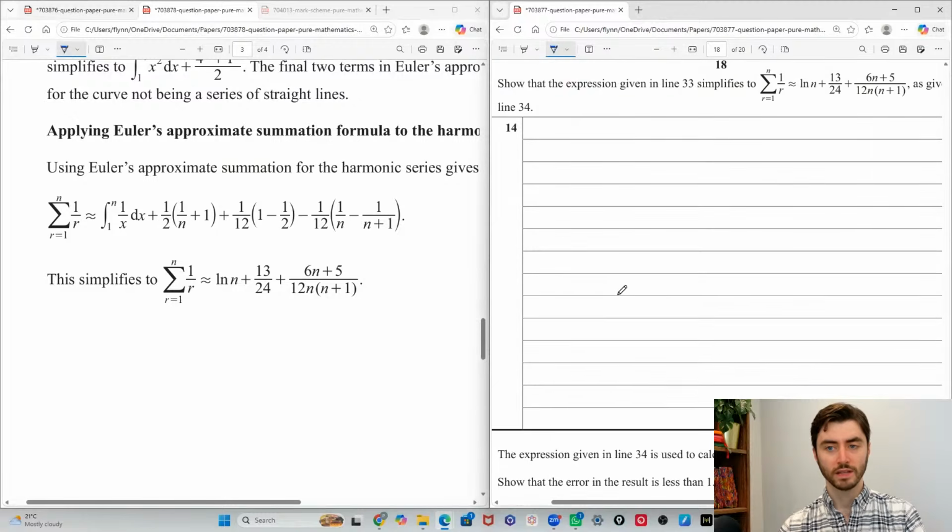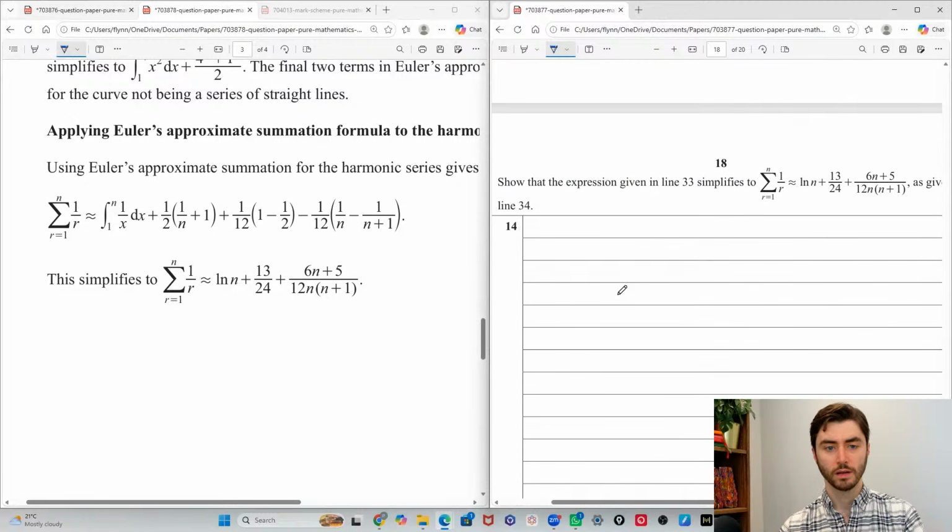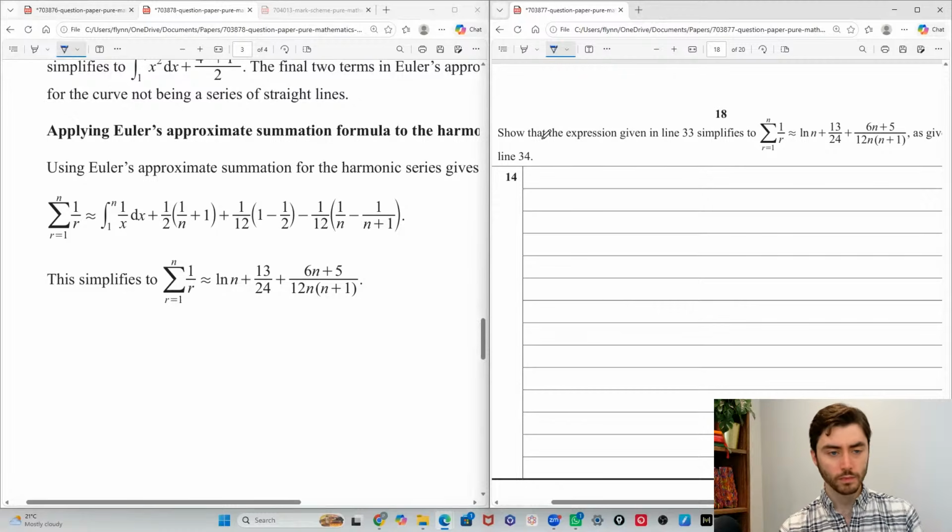Okay, well, let's consider the integral from 1 to n of 1 over x dx plus 1 over 2n plus a half plus a 12th minus a 24th minus 1 over 12n plus 1 over 12 into n plus 1.